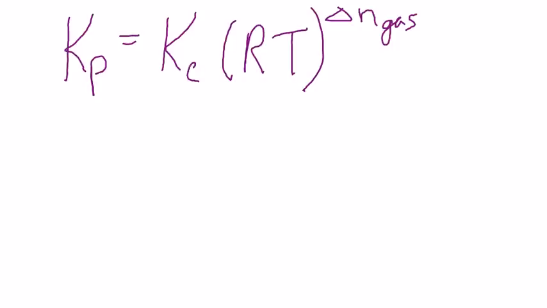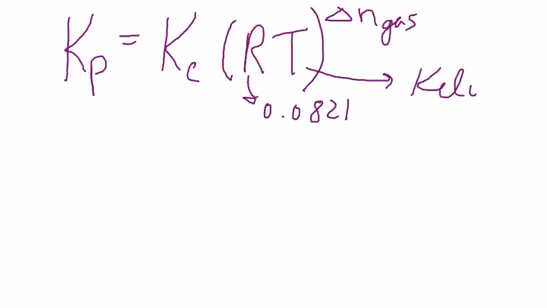R here is 0.0821, T is the temperature in Kelvin, Kc is the equilibrium constant, and delta n is the change in gas molecules, and we almost always express delta as products minus reactants.